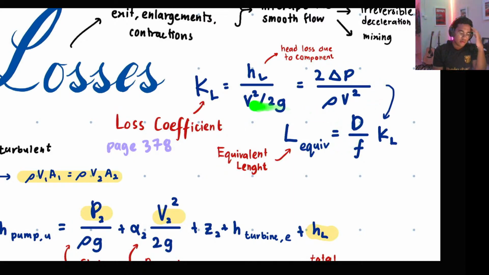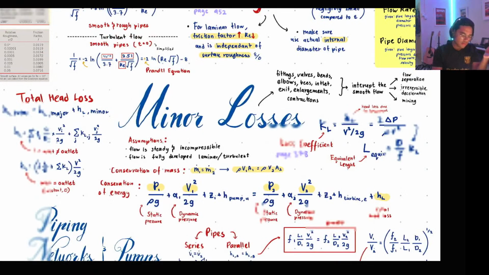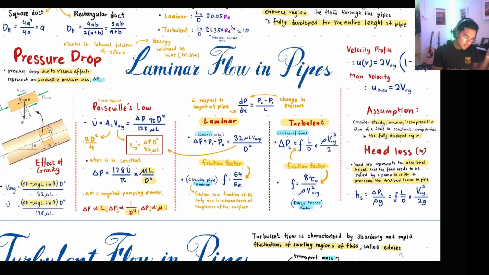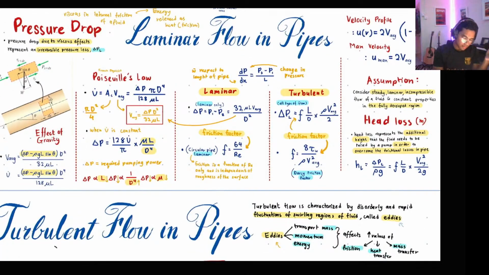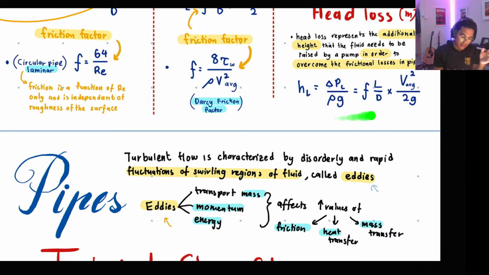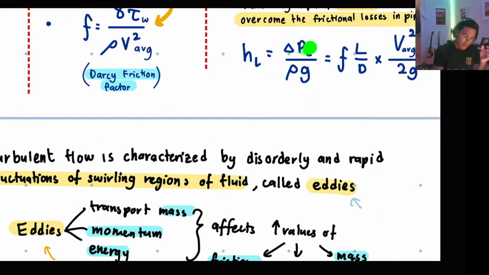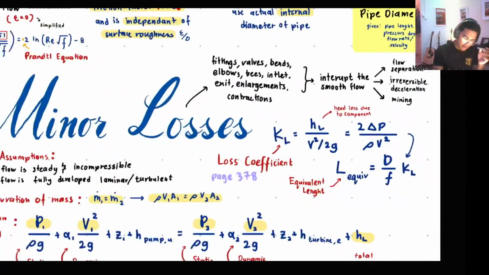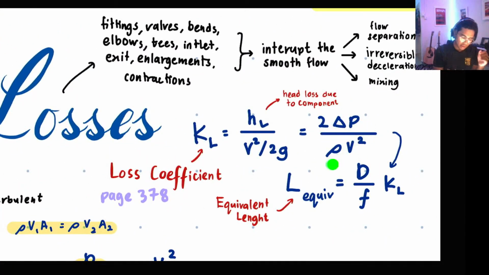HL is also equal to the pressure drop over rho g from before, so you can put it in here. Since g is already here, it cancels out.